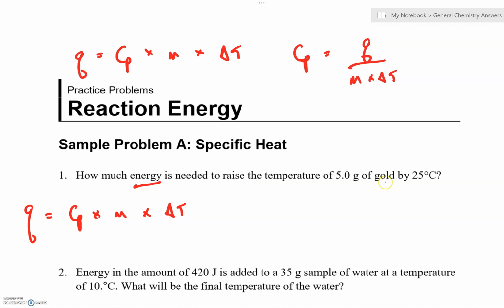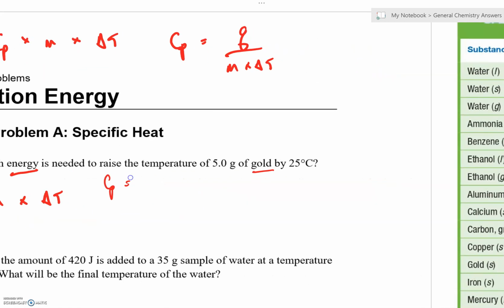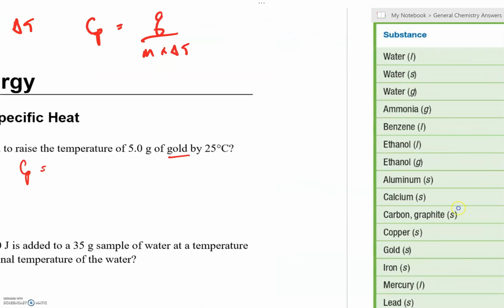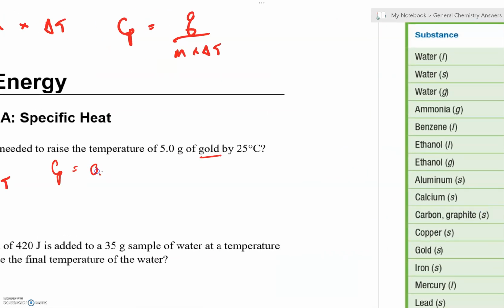So for this particular question, it's asking how much energy is needed to raise the temperature of 5 grams of gold by 25 degrees Celsius. So let's see what we have. Specific heat comes from this table, and it tells us that the specific heat of gold is 0.129, and the units are joules per gram degree Celsius.